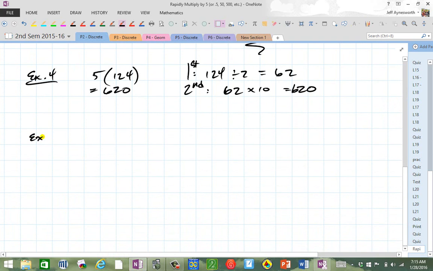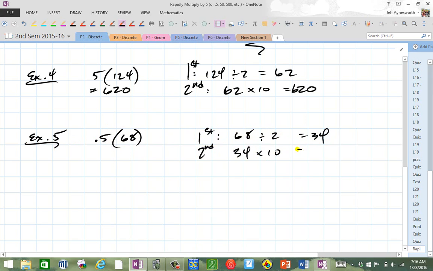So suppose you have something like this. If you have 0.5 times, let's say 68, okay? Ignore the decimal temporarily. So first, divide it by 2. So 68 divided by 2, that's 34. Secondly, you multiply by 10. So 34 times 10 is 340. And then you adjust the decimal. So third, adjust the decimal so it makes sense.